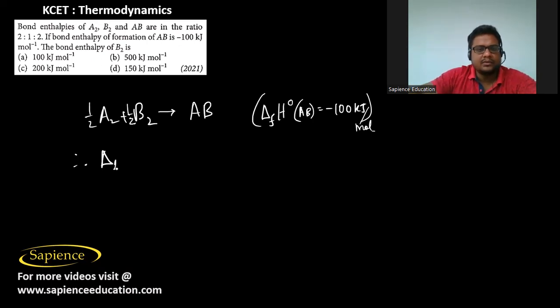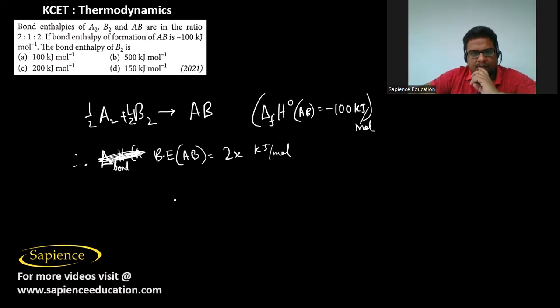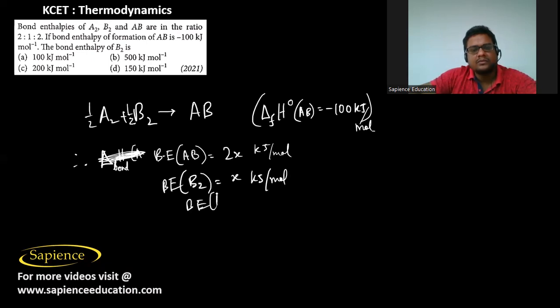Let's say the bond enthalpy of AB is equal to 2x kilojoule per mole. Then the bond enthalpy of B2 will be equal to x kilojoule per mole, and the bond enthalpy of A2 will again be 2x kilojoule per mole, since the ratio has been given as 2 is to 1 is to 2.